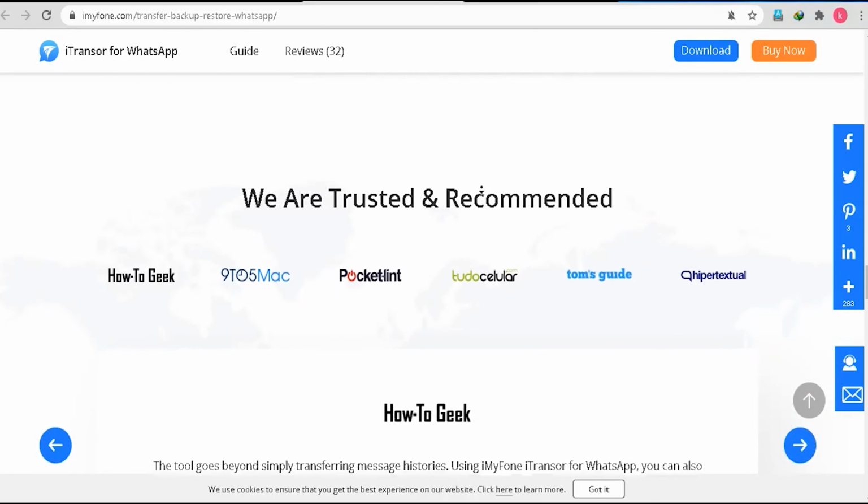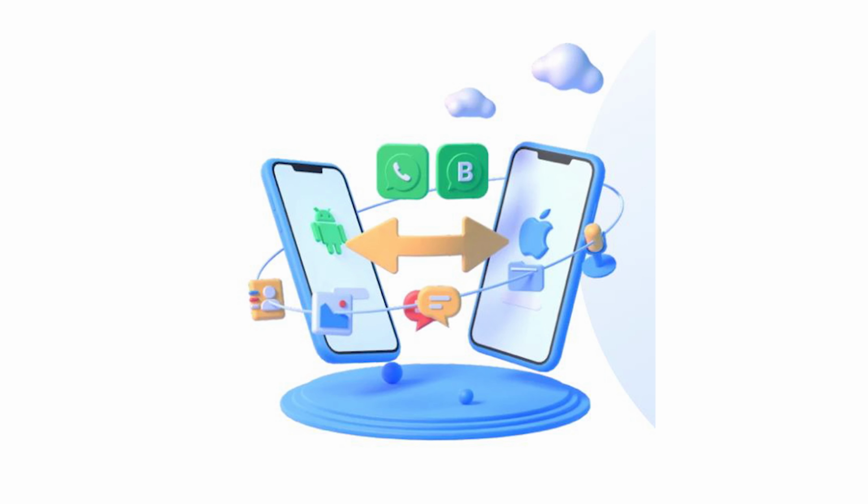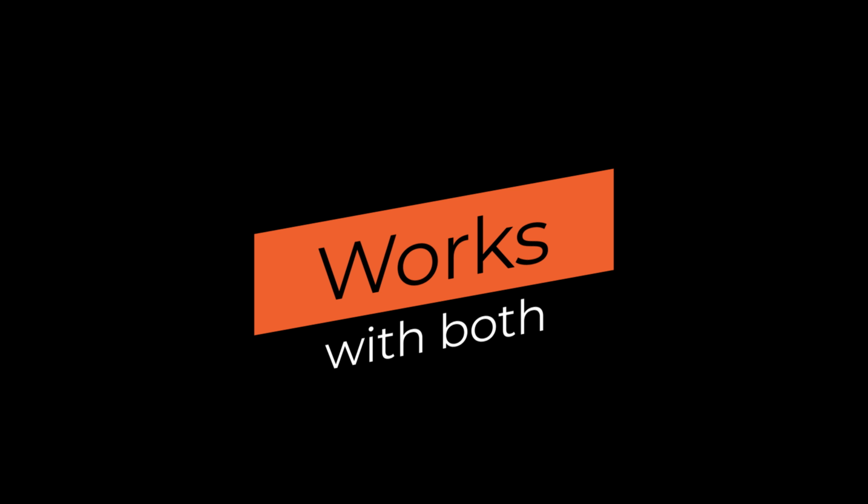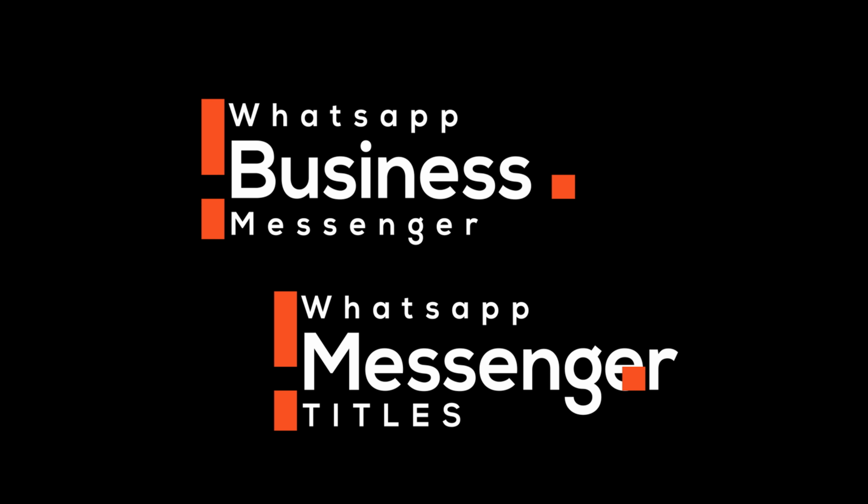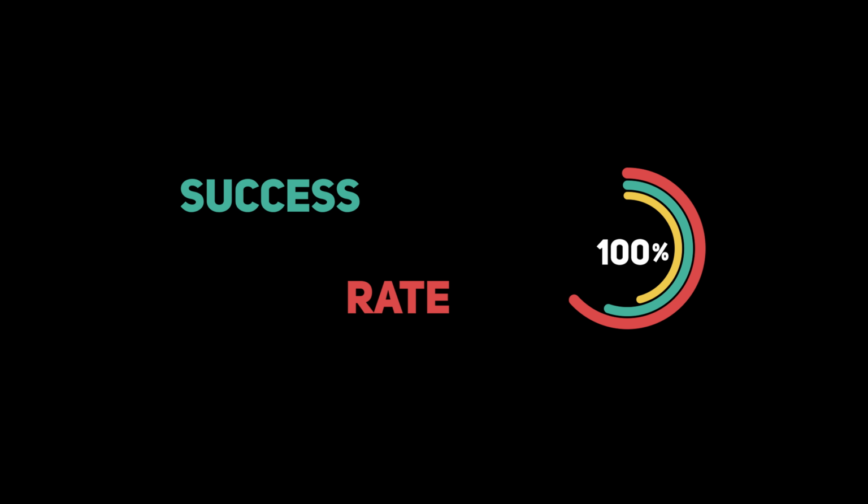So, using iTransfer by iMyFone to transfer WhatsApp data from one phone to another is absolutely easy. It works with both WhatsApp Messenger and WhatsApp Business, and it has a 100% success rate. It's easy to operate and it's a direct transfer.